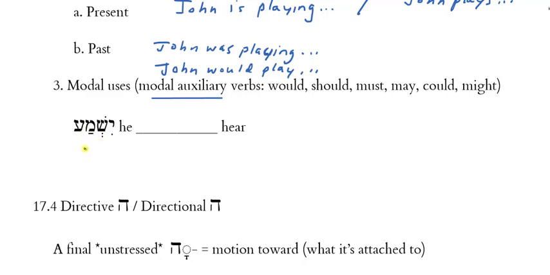So Yishma, if I wanted to translate this with a simple future, it would be what? He will hear, right? If it was clearly past tense, then I could translate that as he was hearing, right?